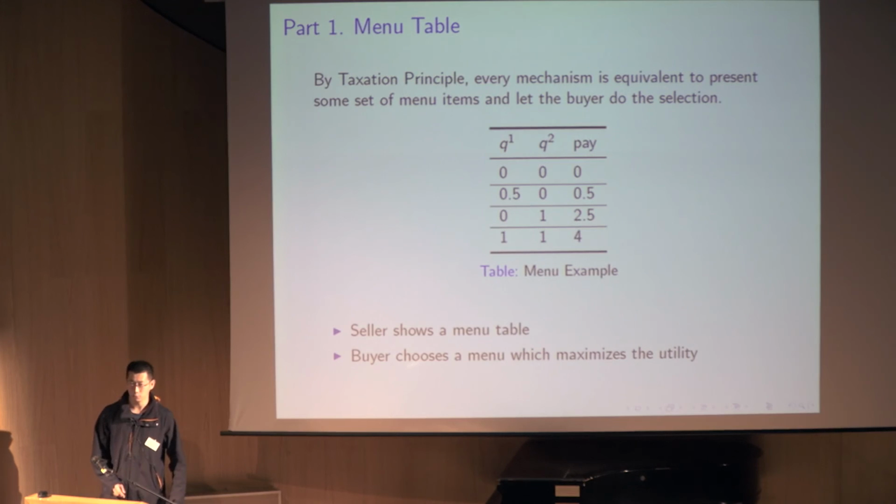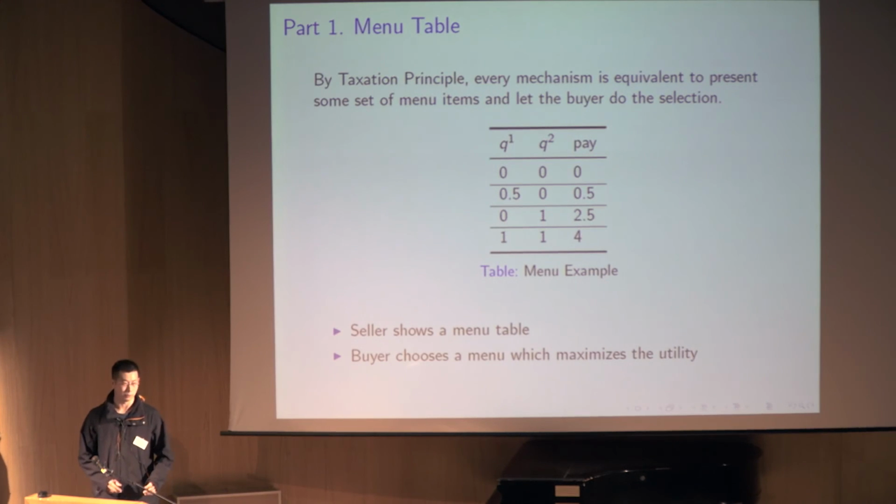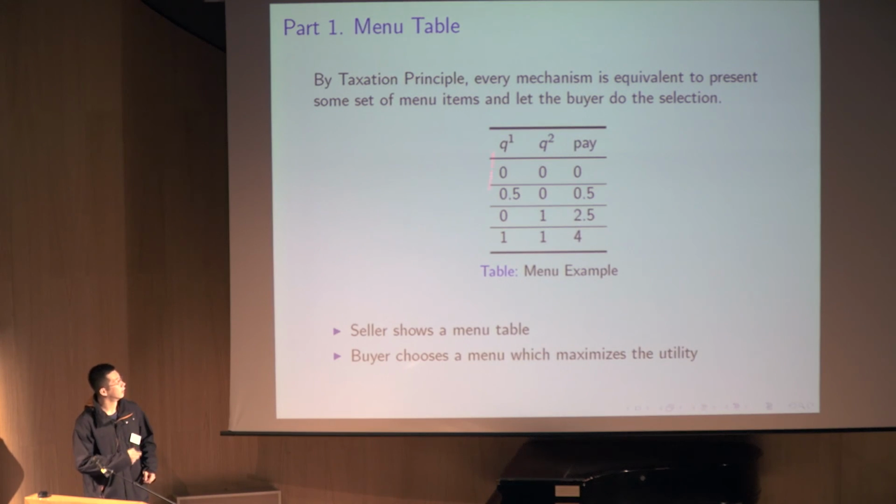By the taxation principle, every mechanism is equivalent to presenting some set of menu items and letting the buyer do the selection. Here is an example. There are 4 menu items. The first menu item says you pay nothing and get nothing.